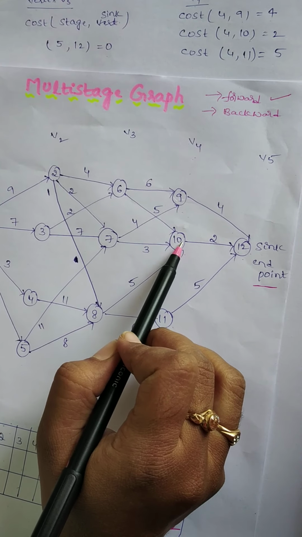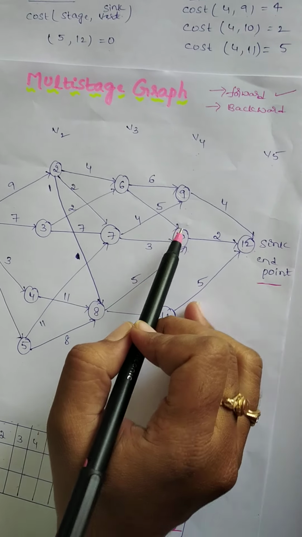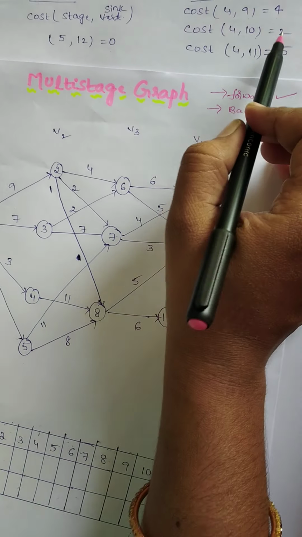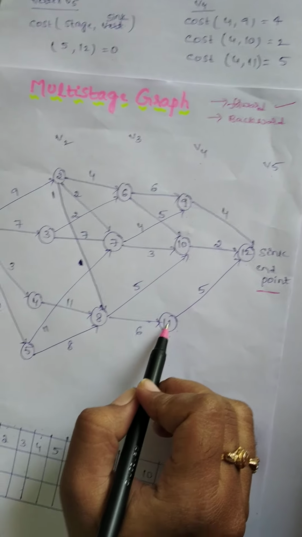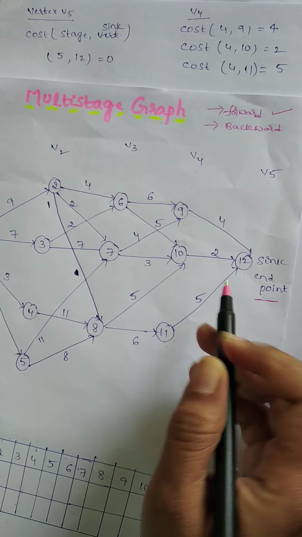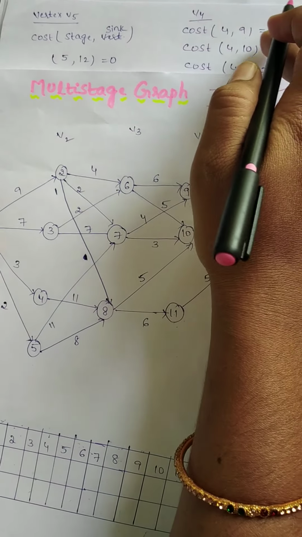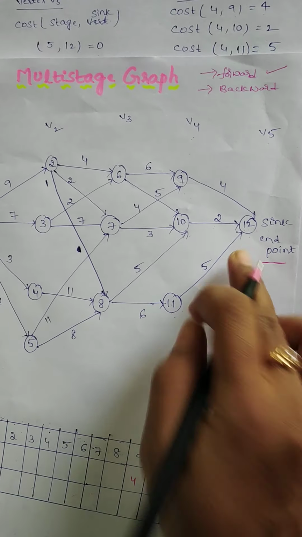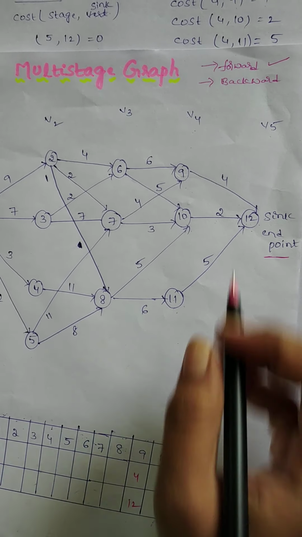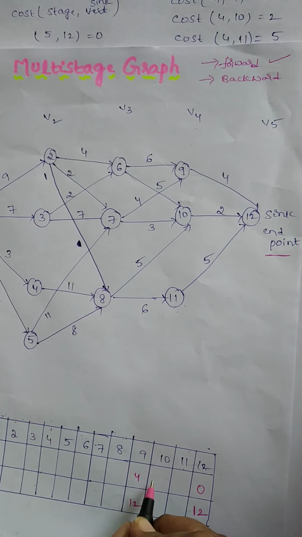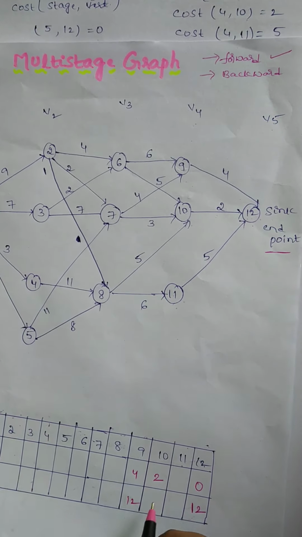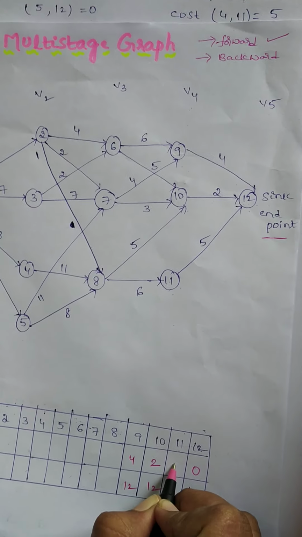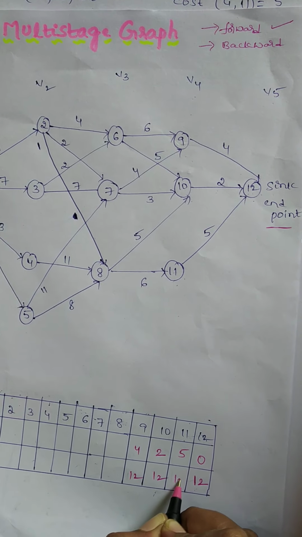From 10 to 12, the cost is 2. Cost of 4 comma 11 is 5. So the 9th value is 4, the 10th is 2, and the 11th is 5 at the 12th destination.